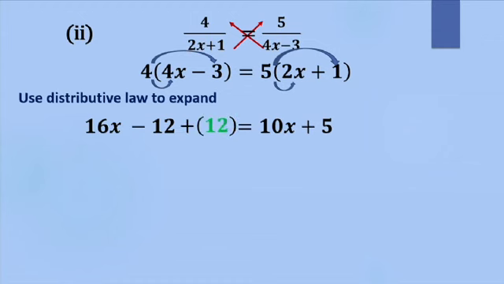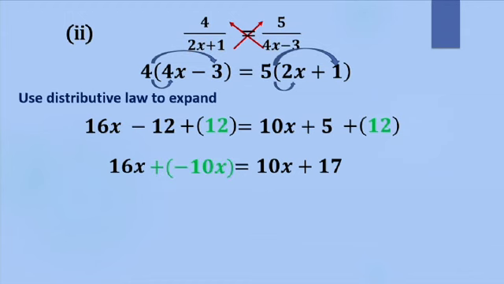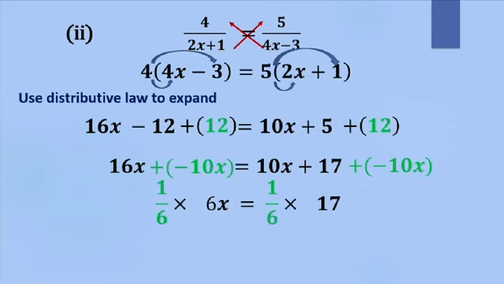So we add plus 12 to both sides to get 16x equal to 10x plus 17. Now we add minus 10x to both sides to get 6x equal to 17. To obtain the value of x, we multiply by 1/6 to both sides of the equation. So x equal to 17 over 6.